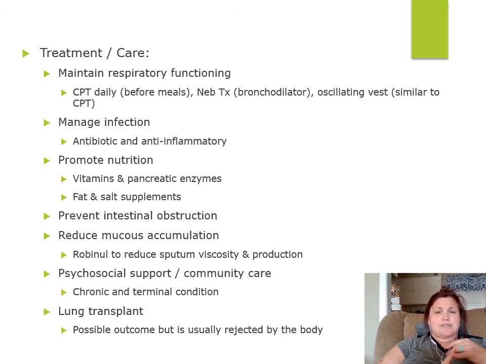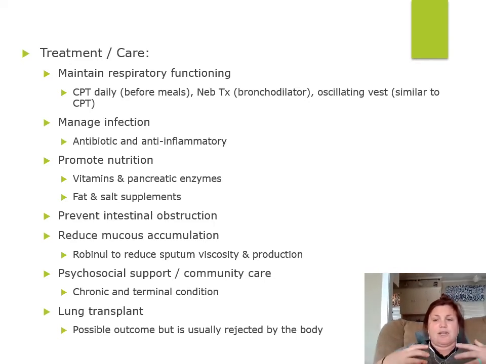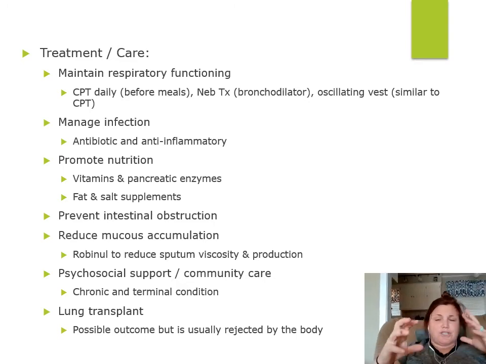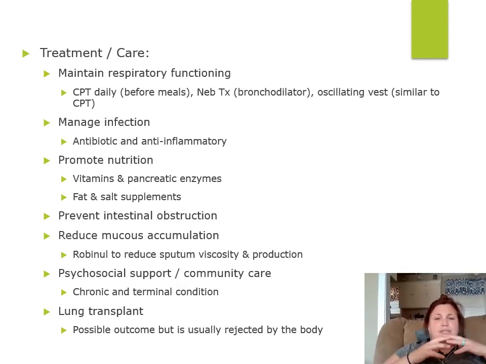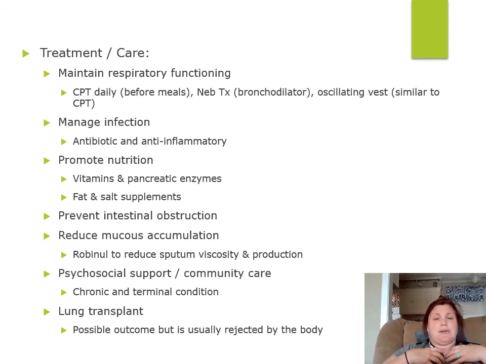Neb treatments like bronchodilators, and they may even need to wear an oscillating vest, which is very similar to CPT, but it's worn on the torso and it shakes and allows those secretions to be broken up and hopefully expelled. Remember that's our goal because it can weigh the lungs down, it can make it harder to breathe, and it harbors bacteria.